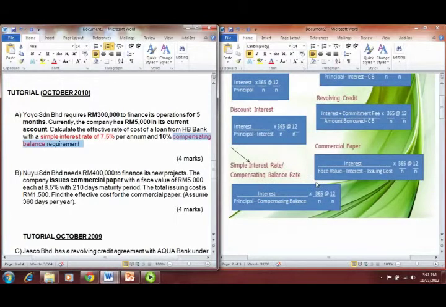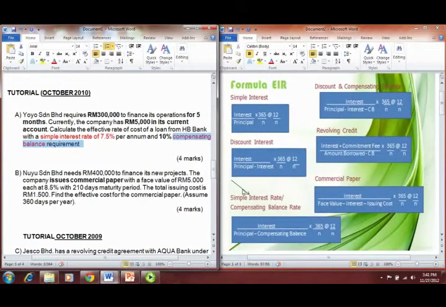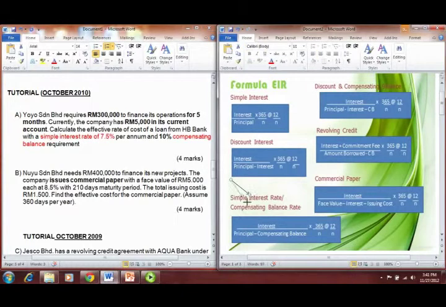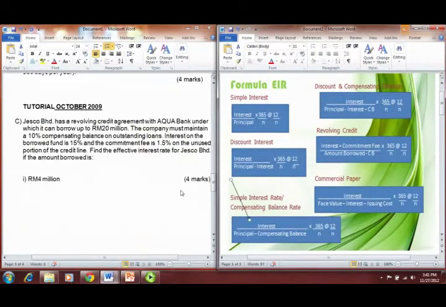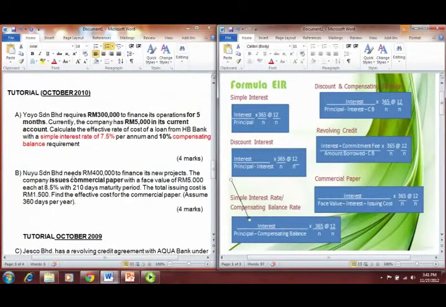Now, simple interest rate and your CB. Based on the formula, which formula is considered as simple interest and CB? Yes, class, you can see the black arrow, correct? So this is the formula. How about question B, October 2010? Issue commercial paper. So this is the term for the question. Which formula do we need to use?